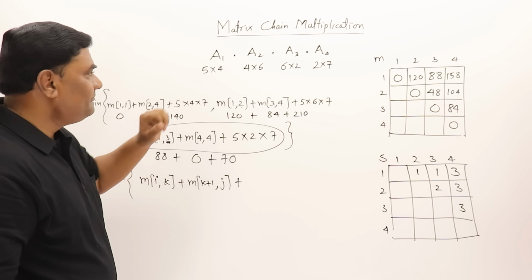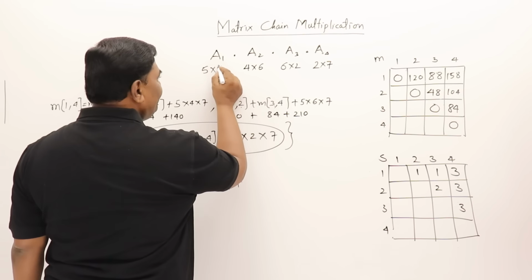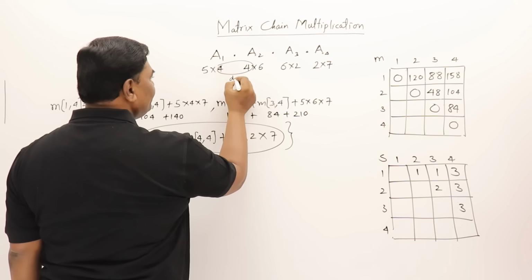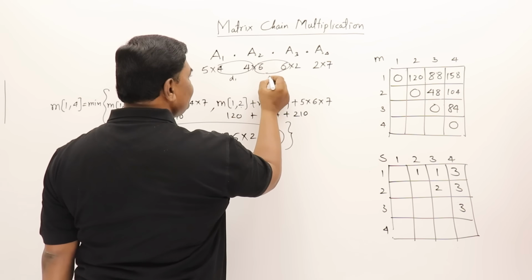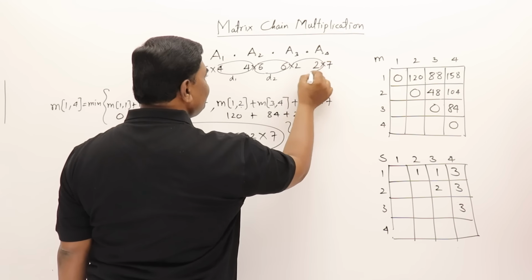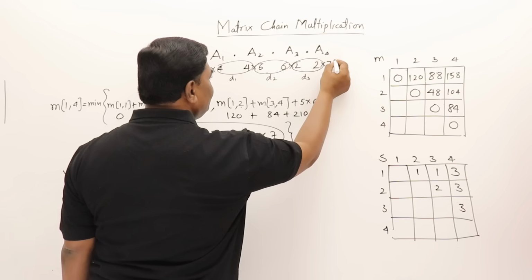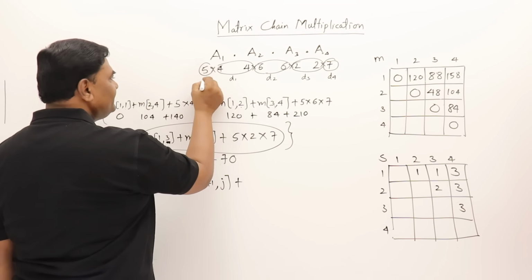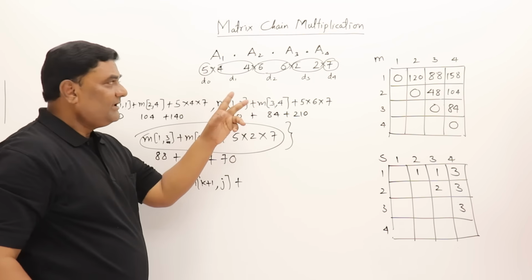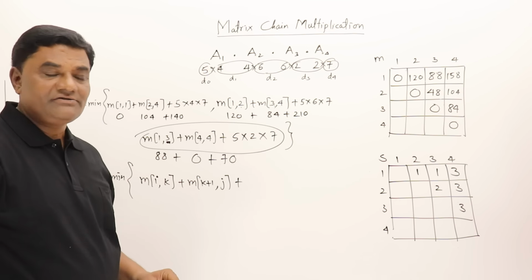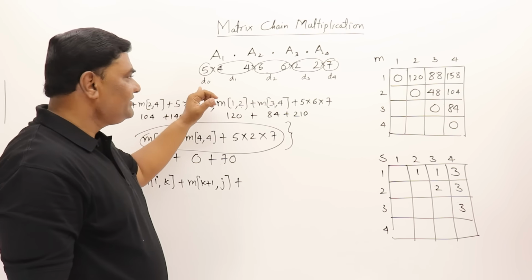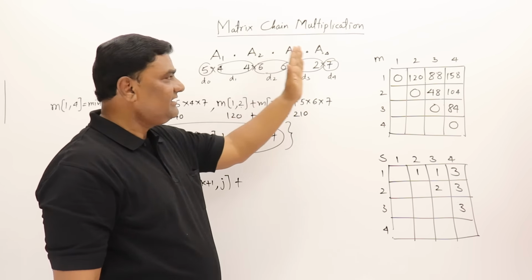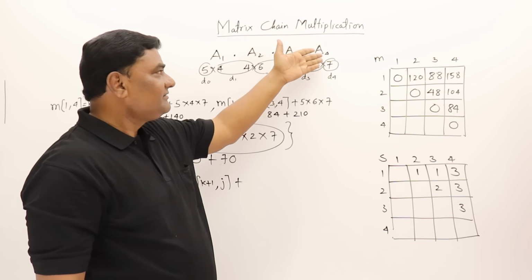Now from the example I'll show you. So if I say this is dimension 1, then this is dimension 2, then this is dimension 3, then this is dimension 4, then this I have to call dimension 0. Like there are 4 matrices, so total 5 dimensions. So I should start from 0. Otherwise if I start from 1, I will end up at 5, but the last matrix is 4.